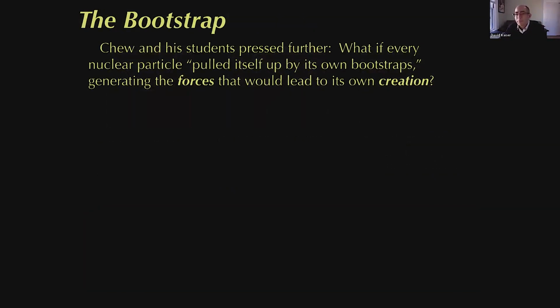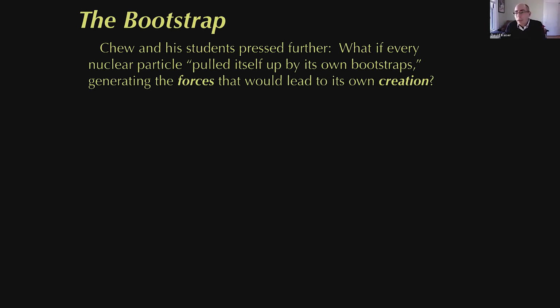And they went even further, and said, what if every single particle was a kind of self-consistent state? They would each pull itself up by its own bootstraps, using a well-known American idiomatic expression. They would all be self-made people. No one was born more elementary or more elitist than others, was the idea.